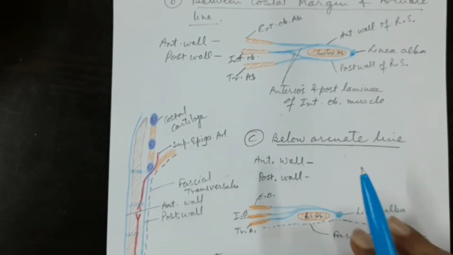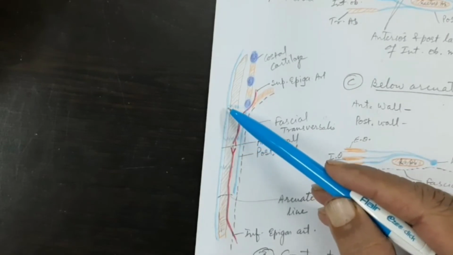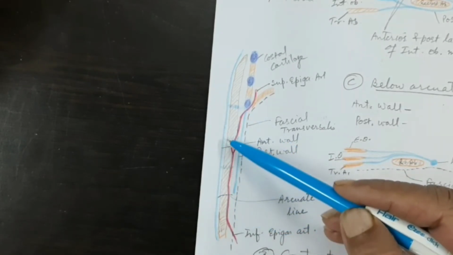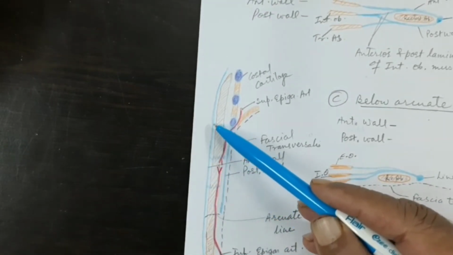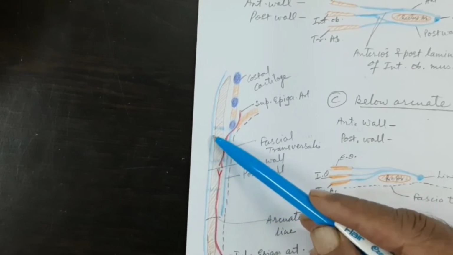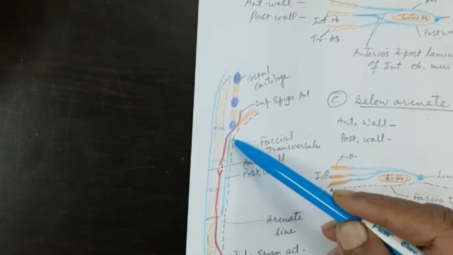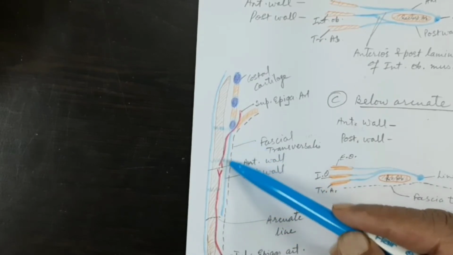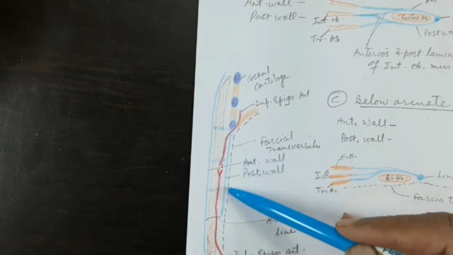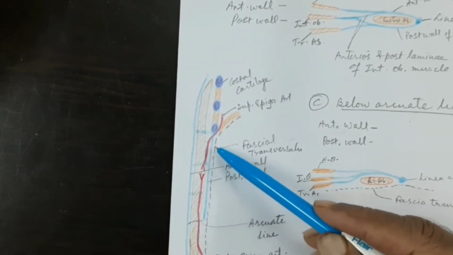You can see this same thing here also. This was the anterior wall, which is formed by the external oblique abdominis and the anterior lamina of the internal oblique, and this is the posterior wall, which is also the fused part of the transversus abdominis and the posterior lamina of the internal oblique.